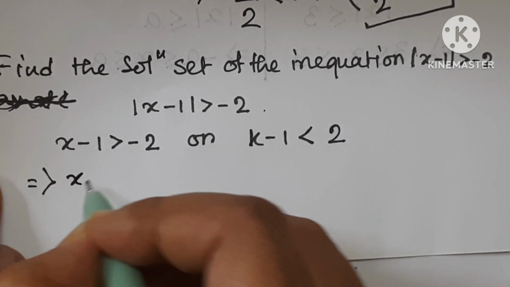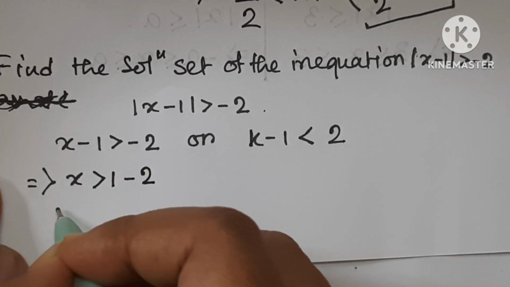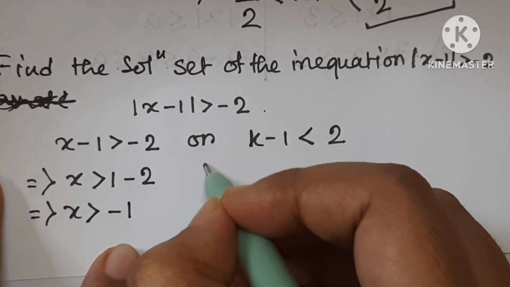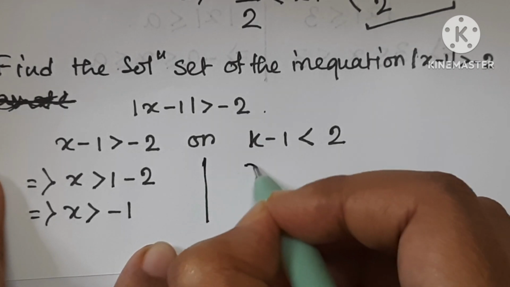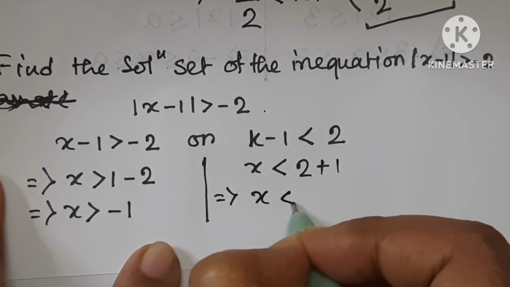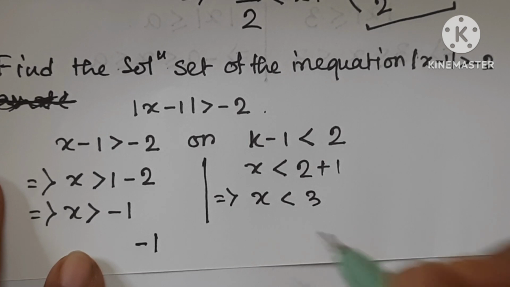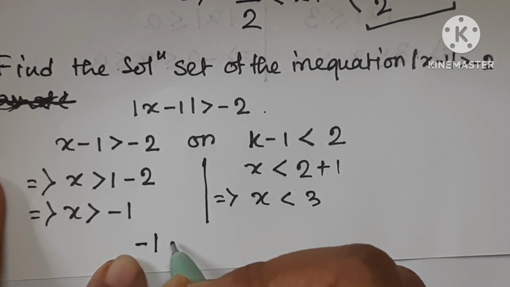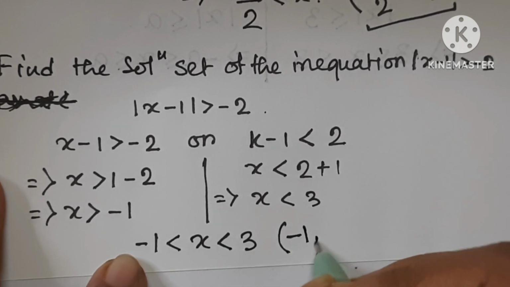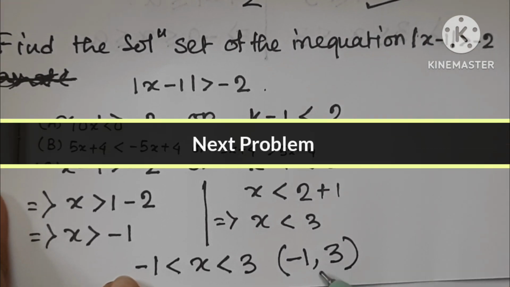So here you can write x greater than 1 minus 2, that means x greater than minus 1, and here x less than 2 plus 1, that means x less than 3. So it's minus 1 less than x less than 3. So you can write like this, open interval minus 1 to 3.